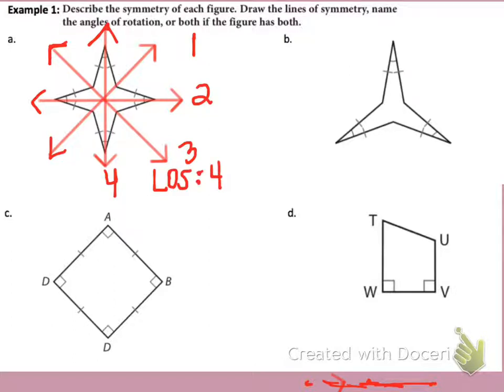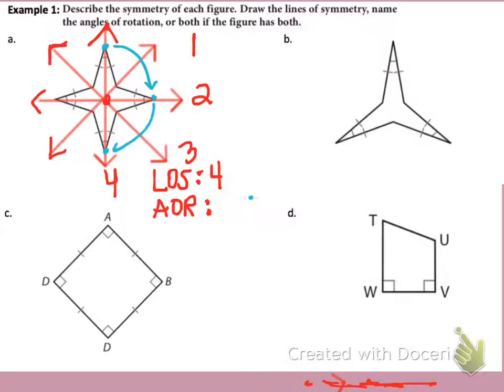Then the angle of rotation, the AOR. Now, what about rotational symmetry? Clearly this figure has rotational symmetry too. Let's say you put a point right on the figure there, and if you rotated it and brought it around here, it would map onto itself right here, and then back again here.